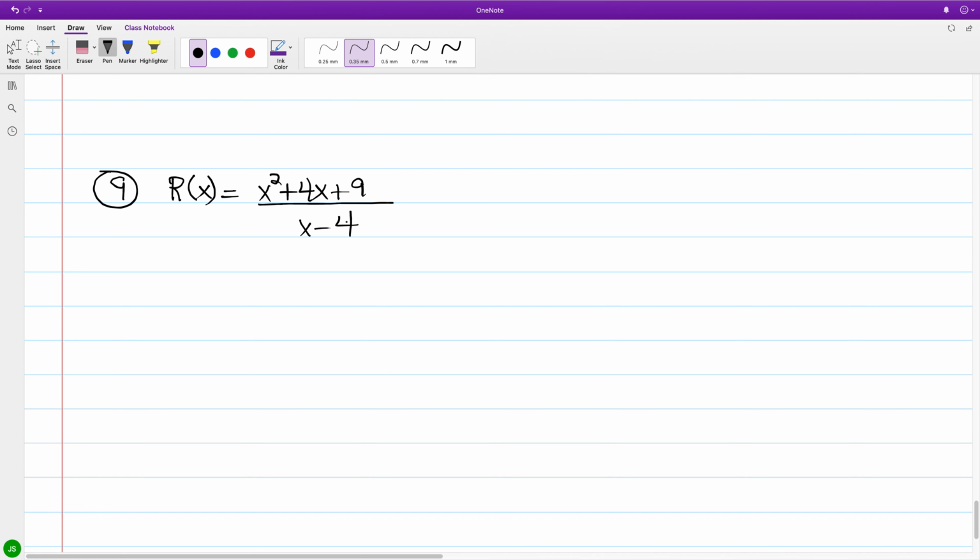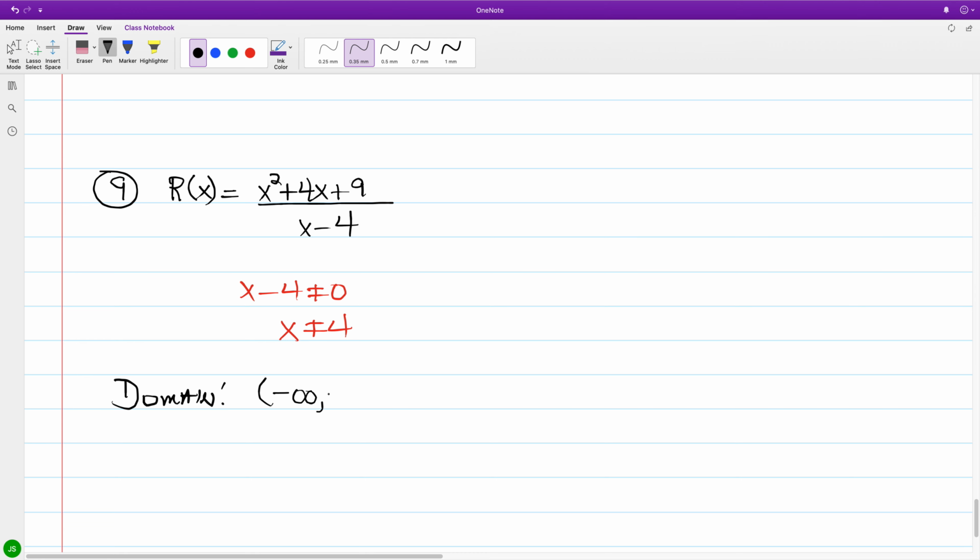For number 9, we have a rational function that is already in simplified form. Looking for the domain, x minus 4 cannot be 0, so x cannot be equal to 4. The domain is all values in the real number system except for 4.